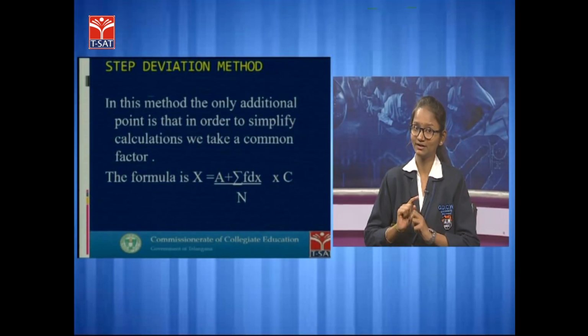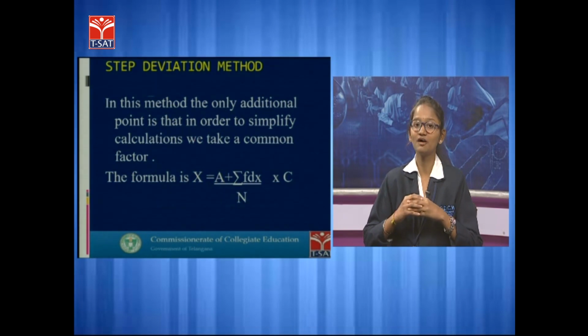So now let's go to the other method, that is step deviation method. Actually we use step deviation method to simplify our calculations. The additional point in step deviation method is we'll take a common factor and we'll take a mean which is assumed mean.